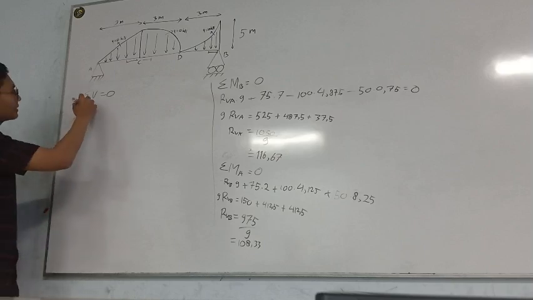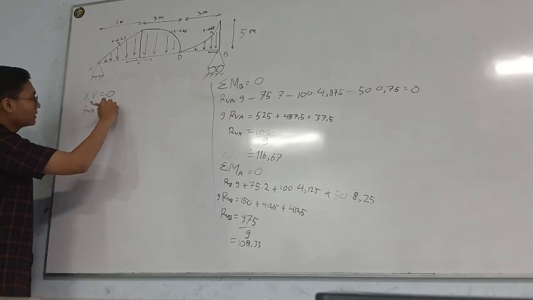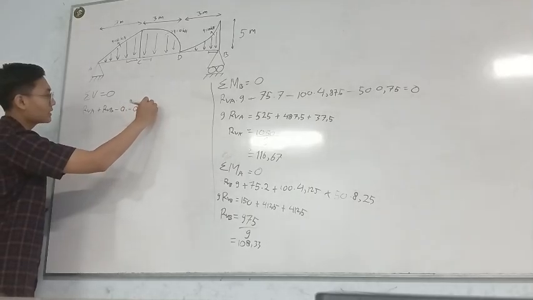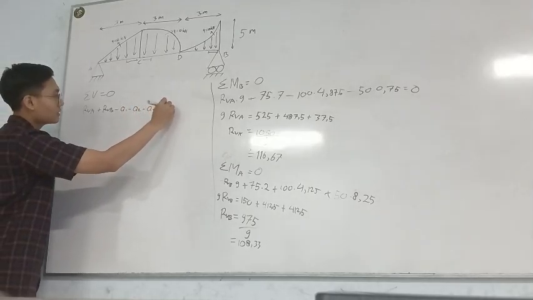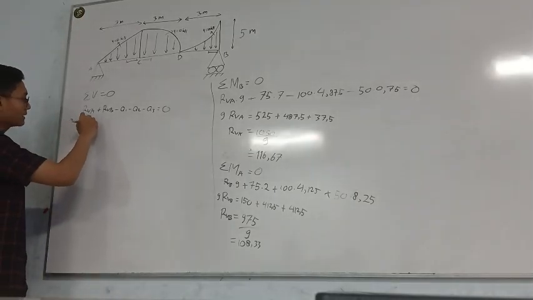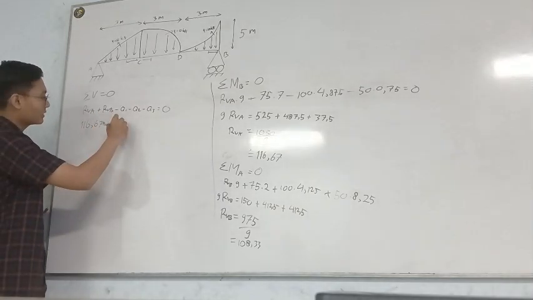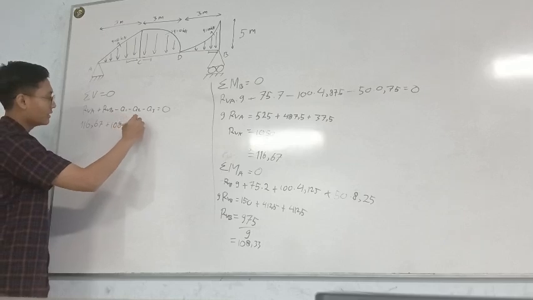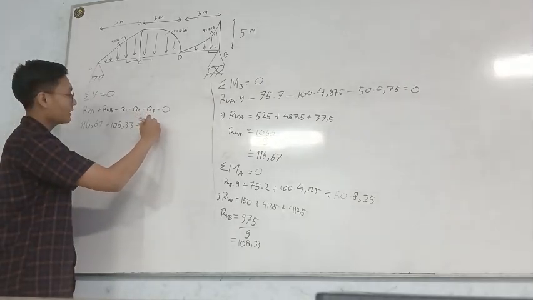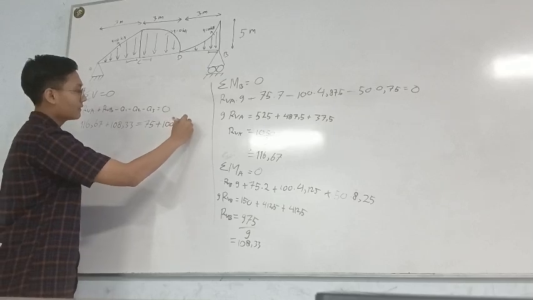This is RVA plus RVB minus Q1 minus Q2 minus Q3 equals 0. 116.67 plus 108.33 equals 75 plus 100 plus 50.